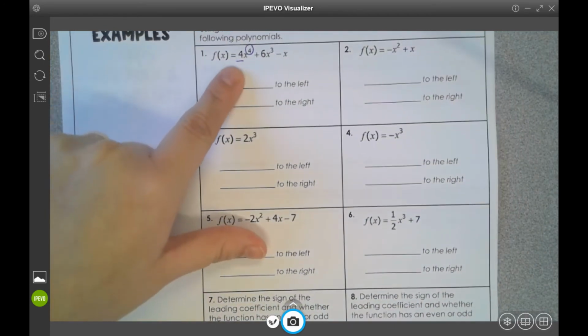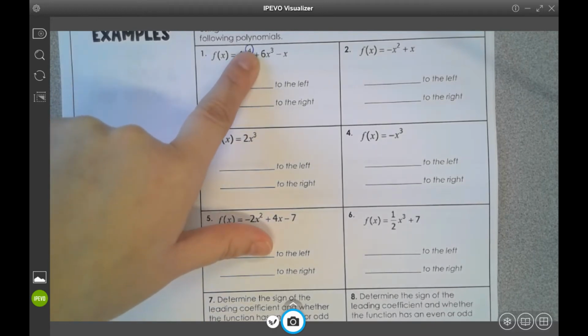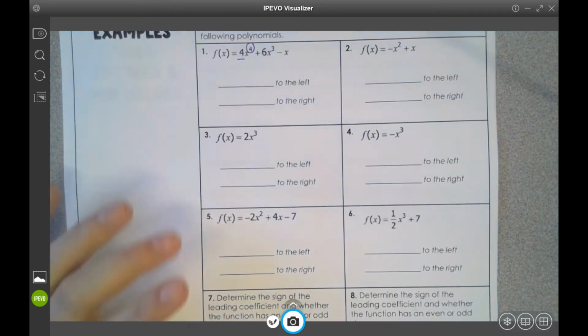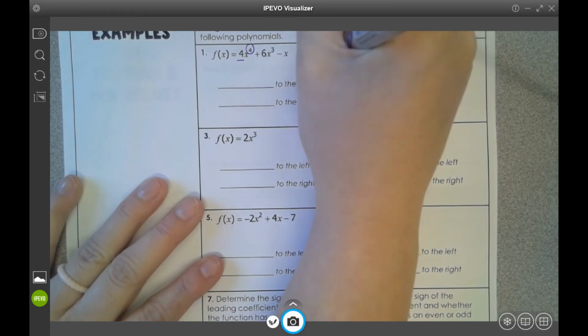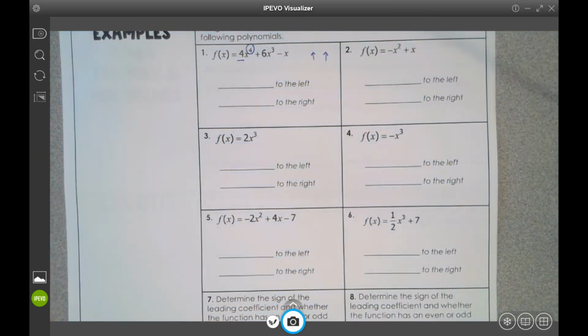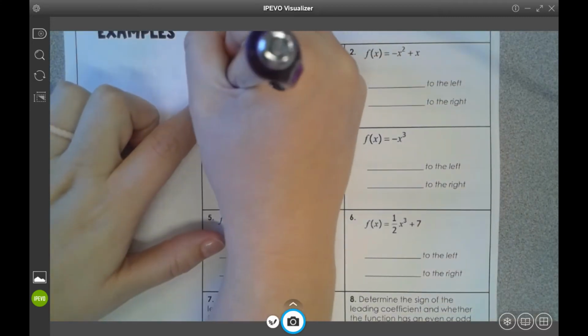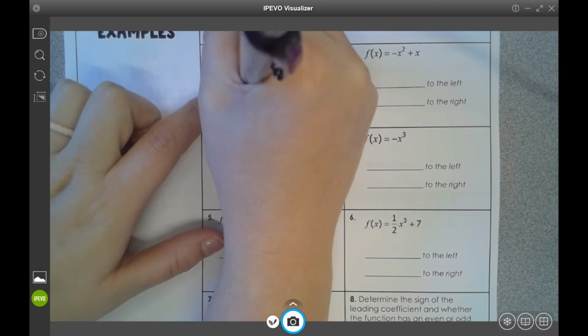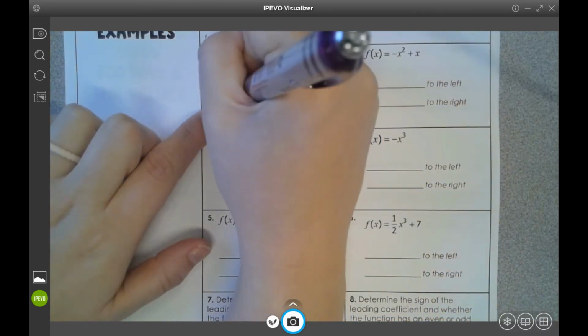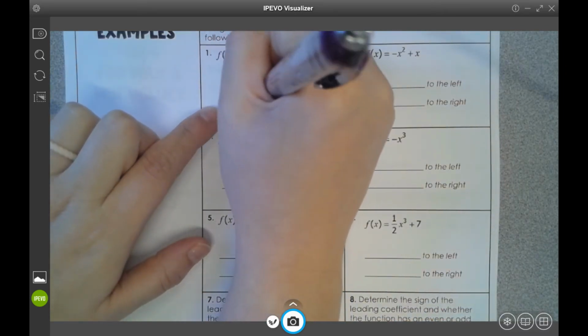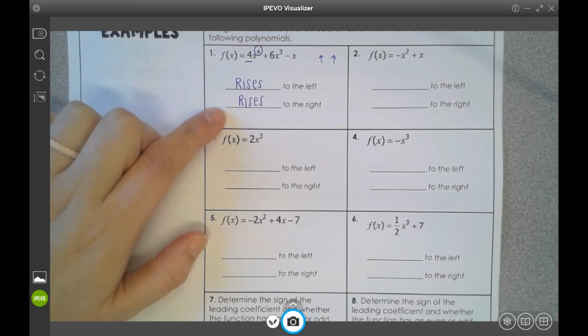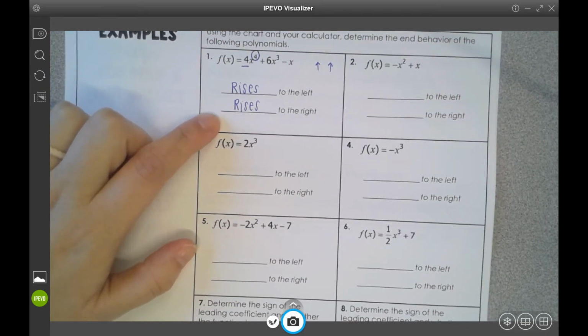So it's positive, even, which means they both go up. If it points up, we say it rises, down it falls. So on the left, it rises. On the right, it rises because both arrows point up. Rises to the left, rises to the right.